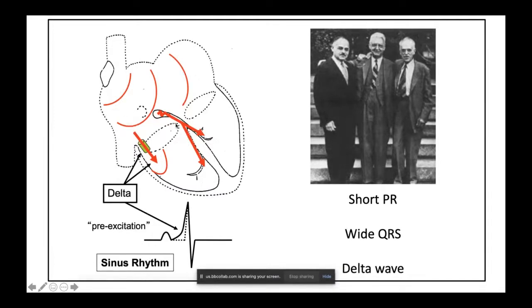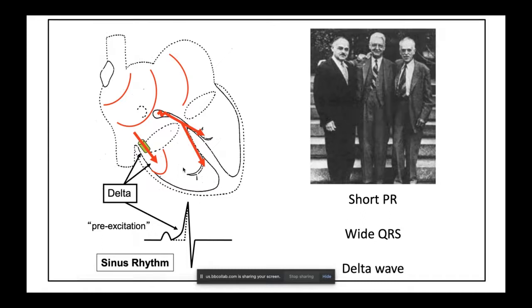And if you give adenosine to this patient, what you will do is block the AV node and force everything to go down the pathway, because adenosine does not block the pathway. You'll force everything to go down the pathway, and all 400 beats will go down to the ventricle, and that'll cause the ventricle to fibrillate. And that's exactly what we saw. So irregular R to R wide QRS tachycardia, never, never, never, never, ever adenosine.